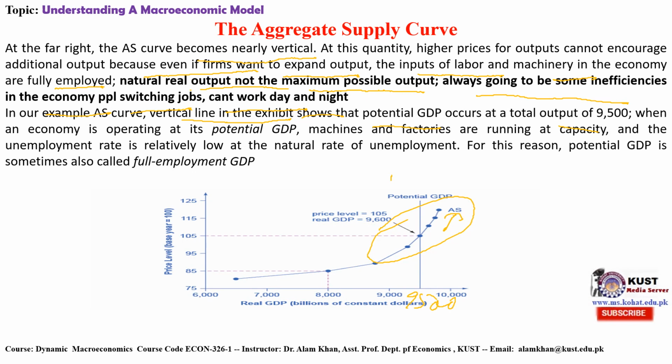The economy is operating at its potential GDP when machines and factories are running at capacity, and the unemployment rate is relatively low at the natural rate of unemployment. For this reason, potential GDP is sometimes also called full employment GDP.